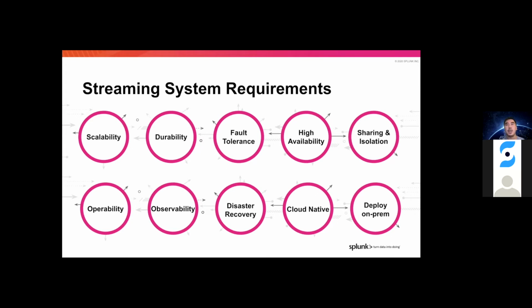Because Splunk does have a large number of customers on-prem, we should still be able to support some on-prem use cases, in case the customer has the demand to deploy SPS in an on-prem environment, to satisfy some of our on-prem customers' streaming needs.